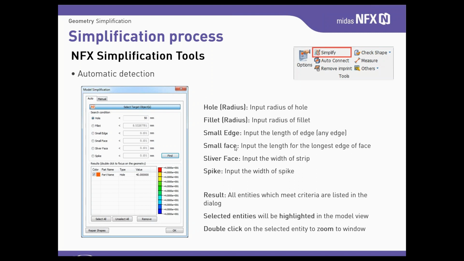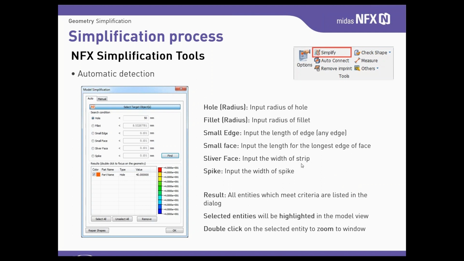A small face will be found according to the longest edge of the face. So if we have a small face, we are looking for the longest edge of this small face. Sliver face defines the width of the strip.